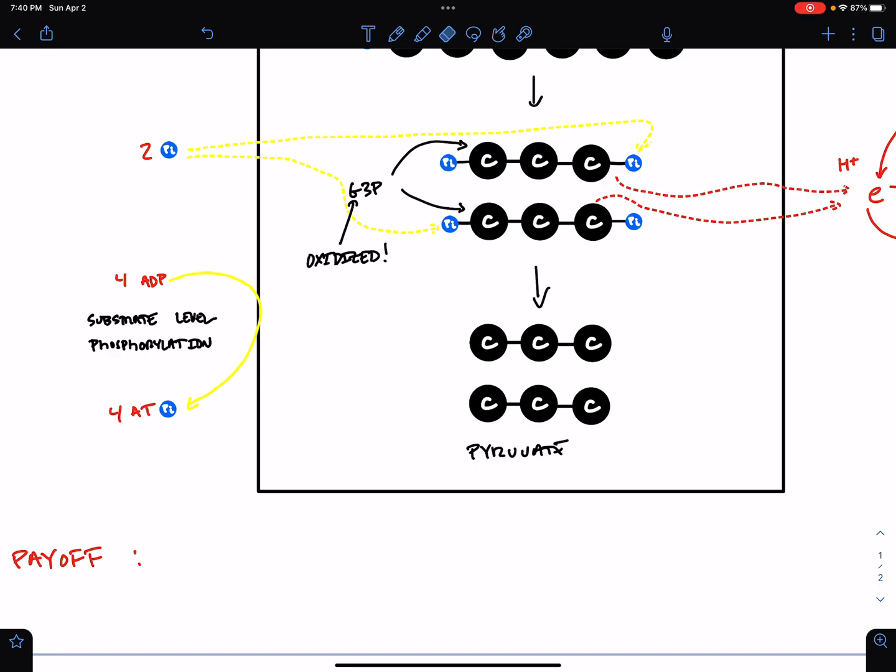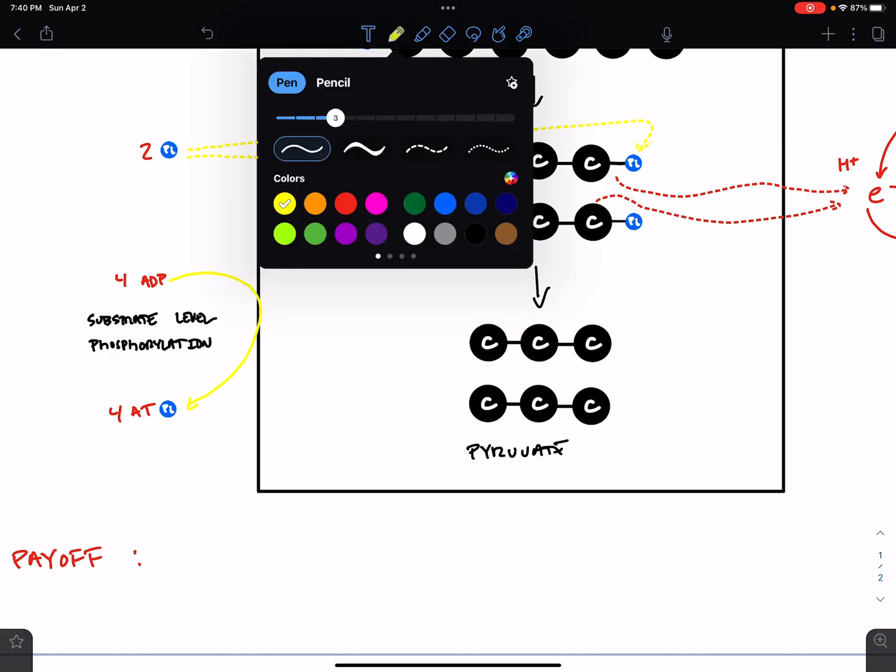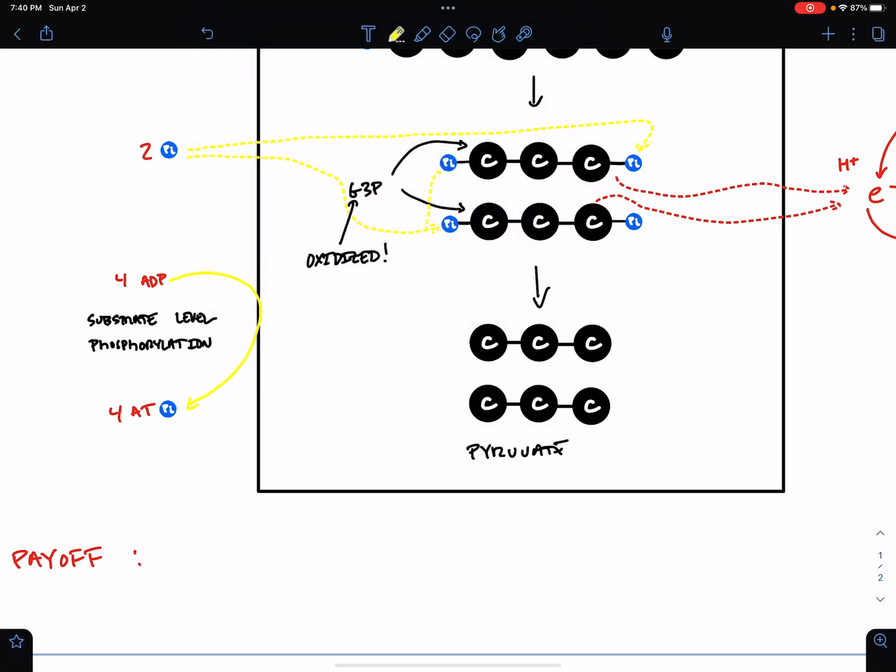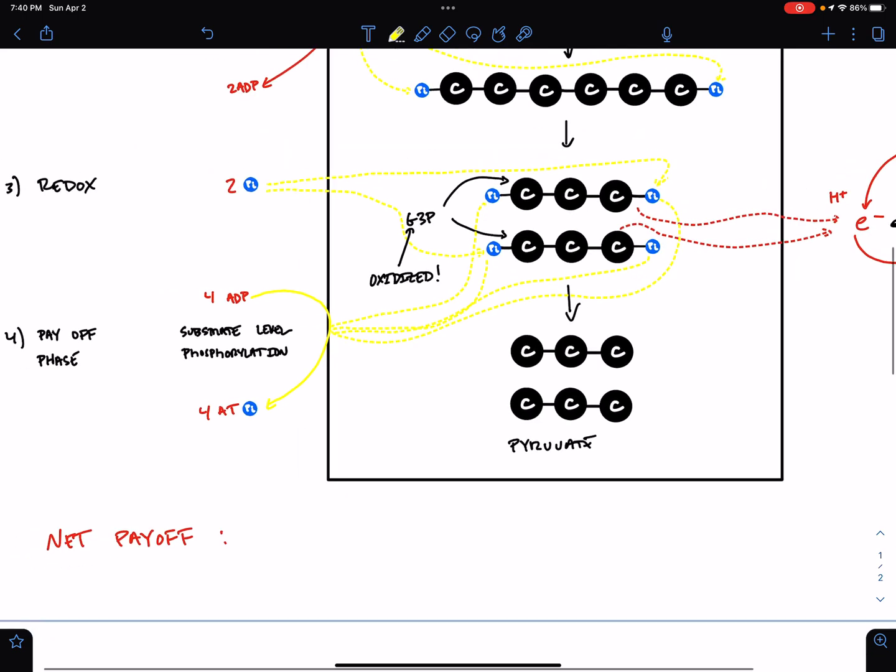Now, they're all going to be transferred onto ADP to make it ATP. That's a little messy, but you get the idea.